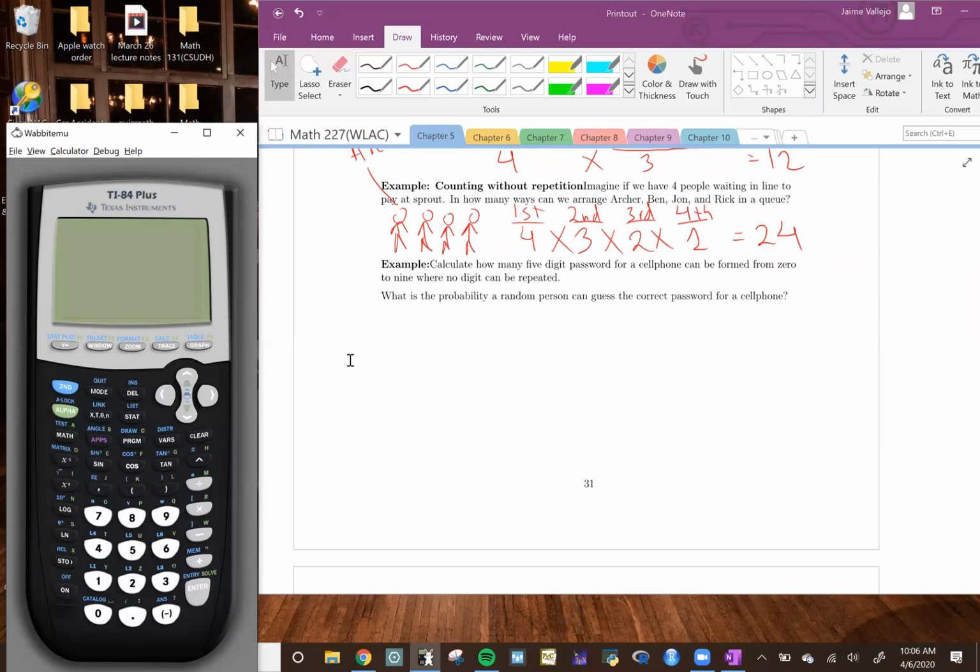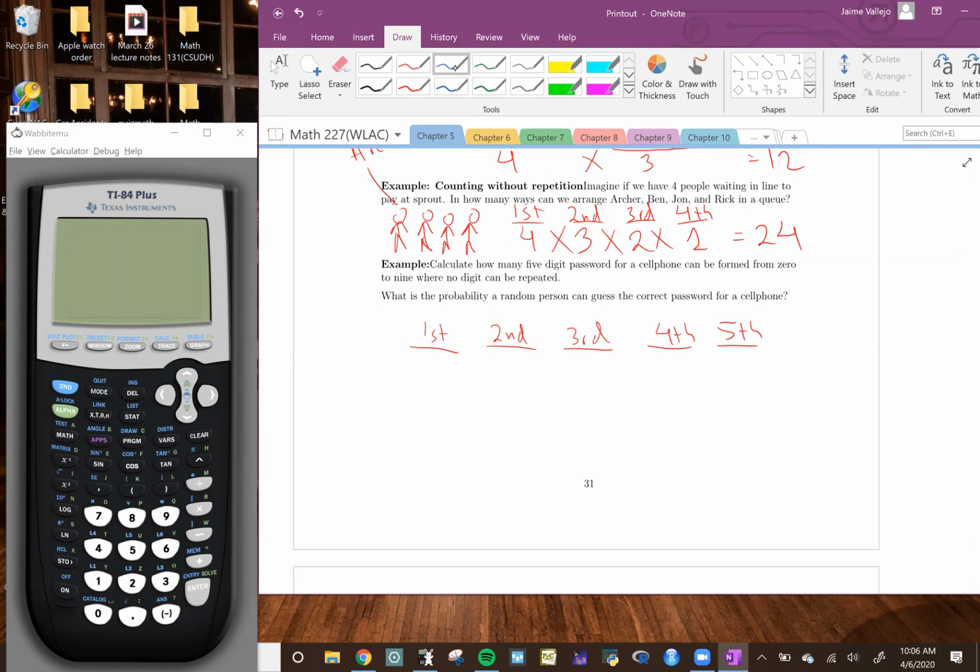All right. So for this one, how many digits should this password have? 5. So we have the first digit, the second digit, the third digit, the 4th digit, all the way to the 5th digit. Everybody go with that so far?